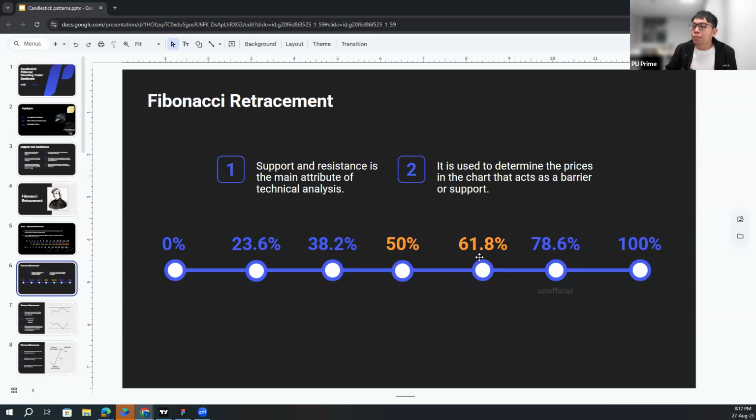Okay, and people find that 50% and 61.8% are within a range of very healthy and effective patterns where a technical retracement happens in the market. Okay, and then of course followed by 78.6% and also 100%. Most people will see that if the trend breaks below 78.6, it means it is gone, a total trend reversal.